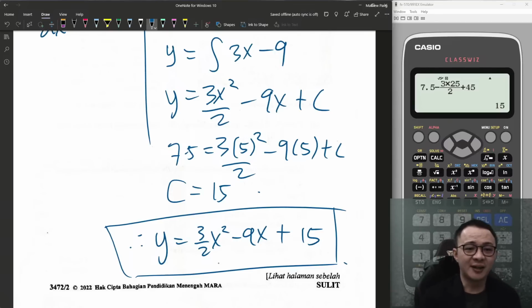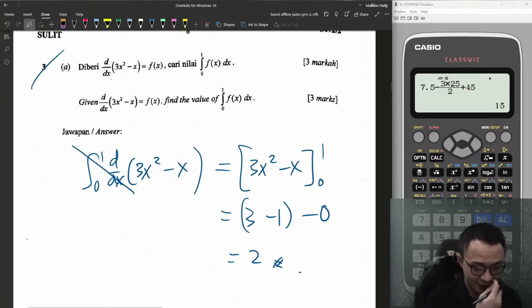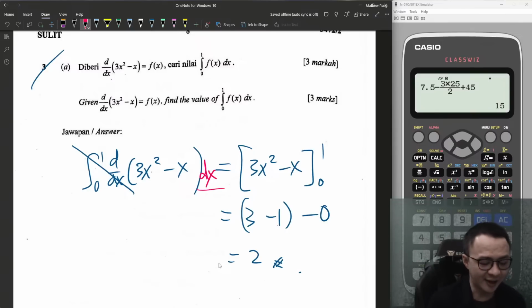When do I write the dx after writing the gradient function? Oh, you mean here we should write a dx, isn't it? Yeah, you can write a dx, but in SPM they are not so emphasized over here.